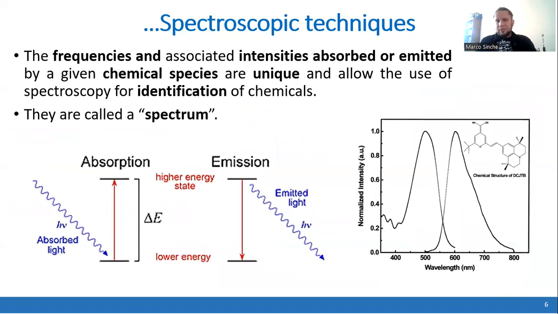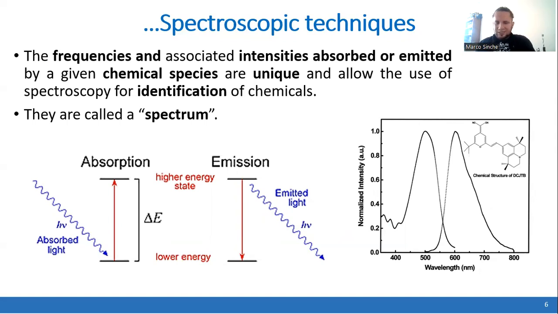The frequencies and the intensities of the absorbed or transmitted frequency will be influenced by the chemical species that is present in the sample, and the emissions will be unique for each type of chemical product. This will allow the production of this type of graphs that are called spectrum, as the one that is shown on the right side.